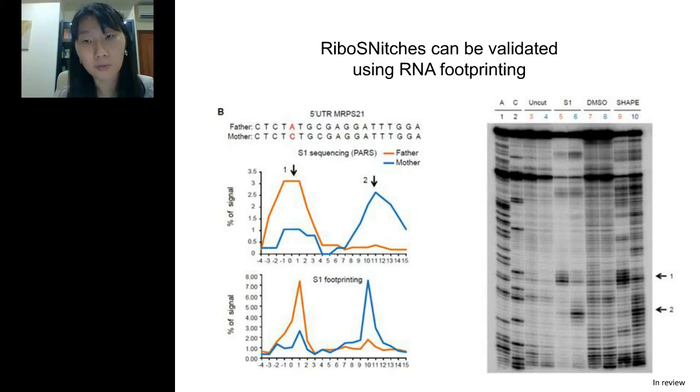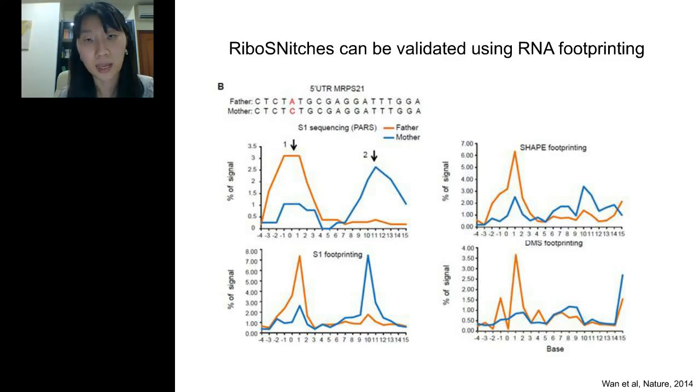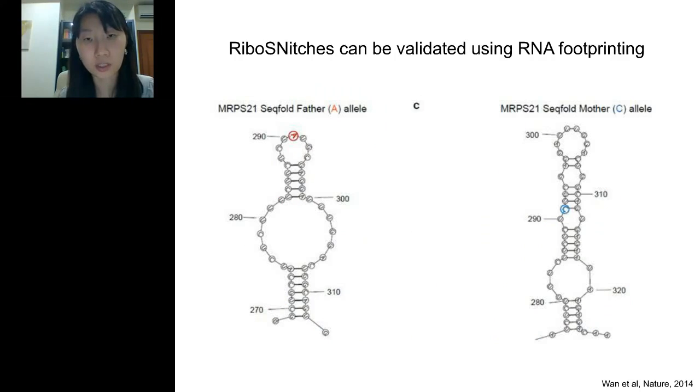And you can see here on the right, which is the footprinting gel, that we can see clear structural changes when there is a single nucleotide change. And then we can also use other types of structure probing methods, such as SHAPE or DMS, to validate the same structural change. And you can see that when we use this structure prediction program known as SeqFold, this single base mutation causes a dramatic change in RNA structure folding.